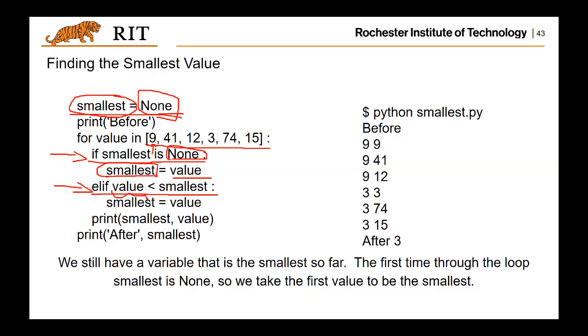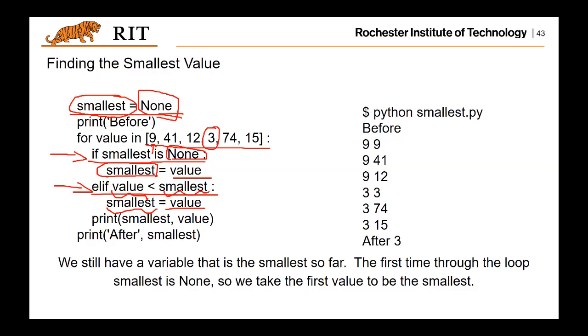If this value is smaller than the smallest one, then smallest keeps the current value, and you repeat this process again and again. You will find out the smallest one.